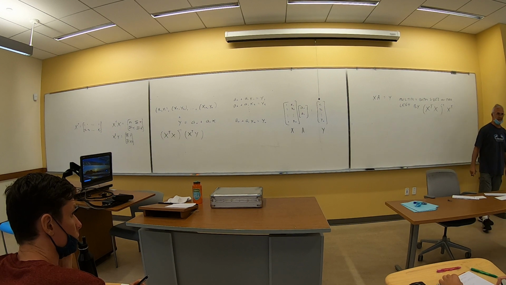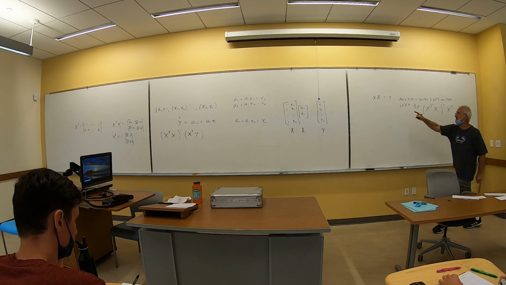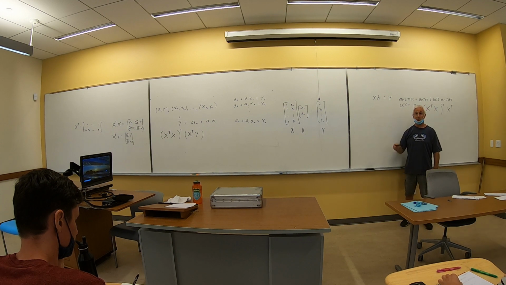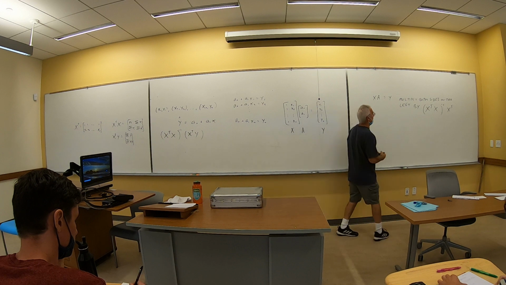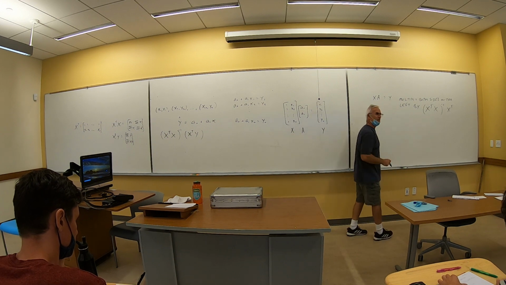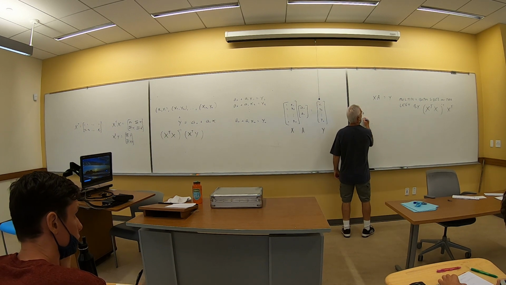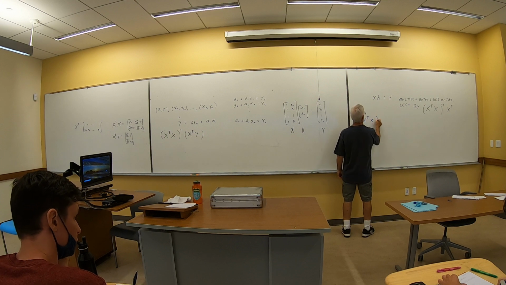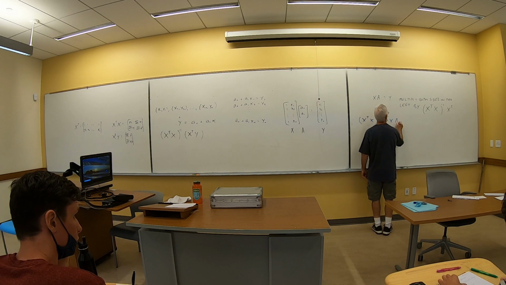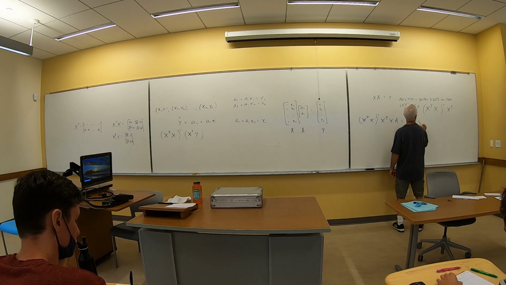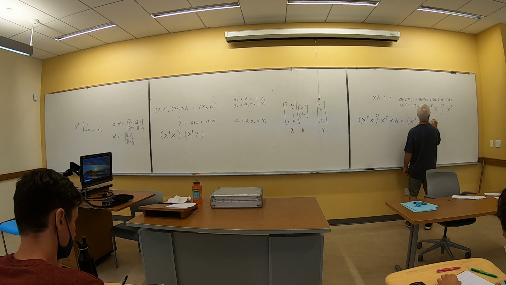You told me that X does not have an inverse because it's not square. You're absolutely correct. Just for the heck of it, what would happen if I multiply both sides on the left by exactly that quantity right there? Well, then this would read X transpose X inverse X transpose times X times A equals X transpose X inverse times X transpose times Y.